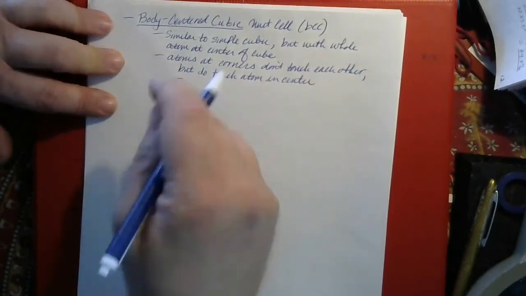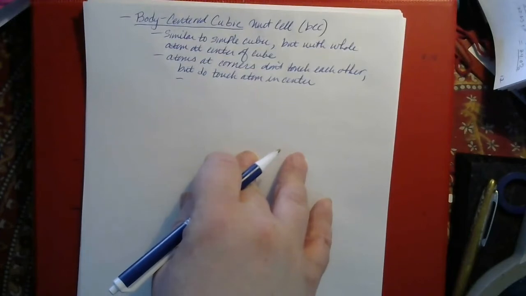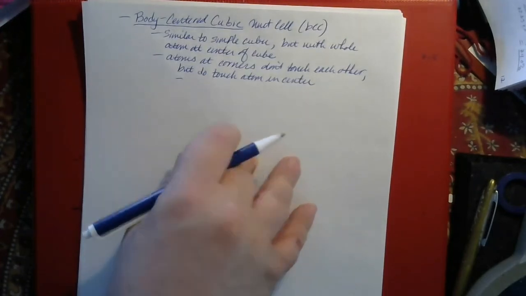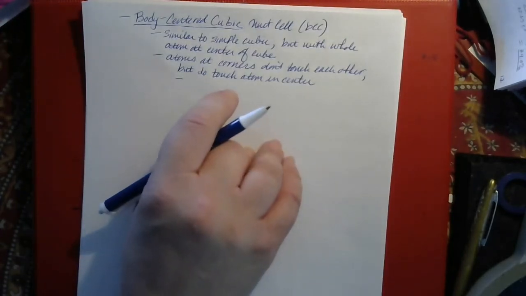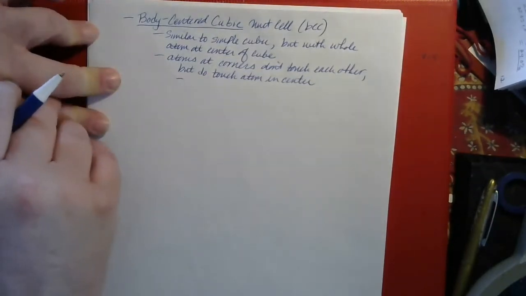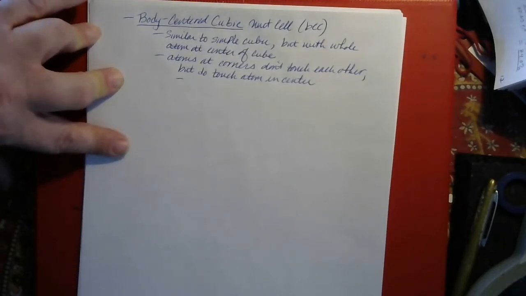And that makes it a little bit harder to figure out what the edge length of the cube is in terms of the radius of each atom or sphere that makes it up, because before, the atoms were actually touching along the edge length and it was just 2 radii. But this time they're not touching, but they do touch along the body diagonal.